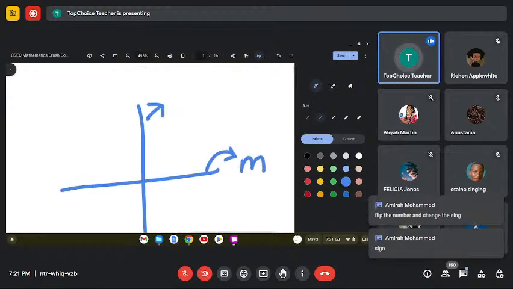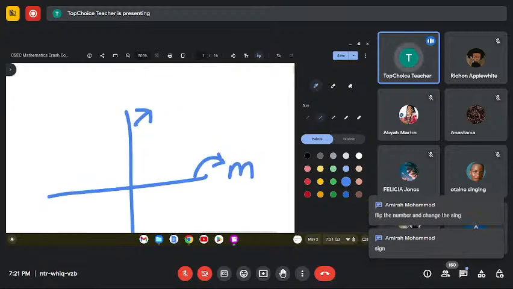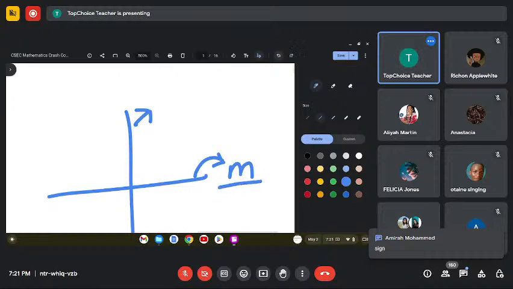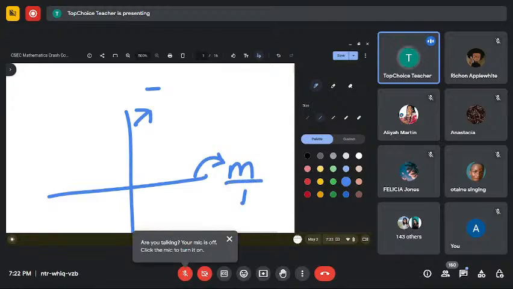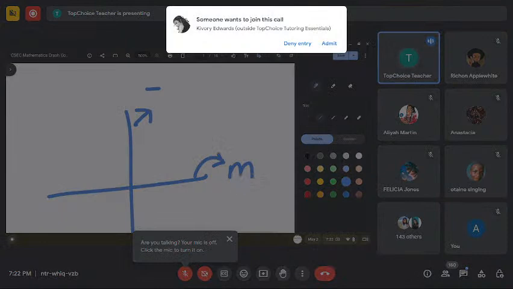That just means that whatever the sign is, we flip it. So if the sign is positive, this line would have a negative gradient. If this is m, and m is m over 1, we flip it to become 1 over m.